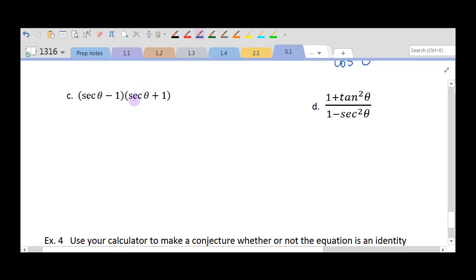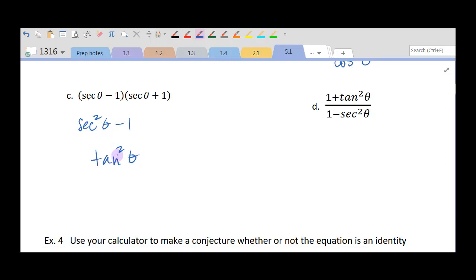Well, I get the square of the first term, which is just secant squared theta, and the outer and inner terms cancel, leaving me with secant squared theta minus 1. Secant squared theta minus 1, hopefully you should be thinking Pythagorean identities, is just a manipulation of tangent squared theta. So I can rewrite secant squared theta minus 1 as tangent squared theta.